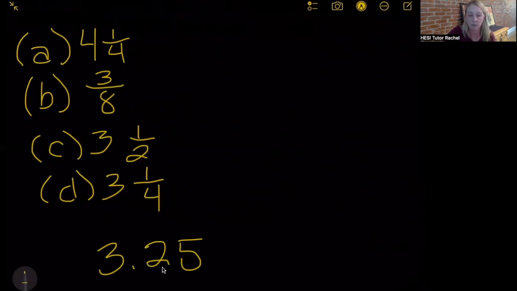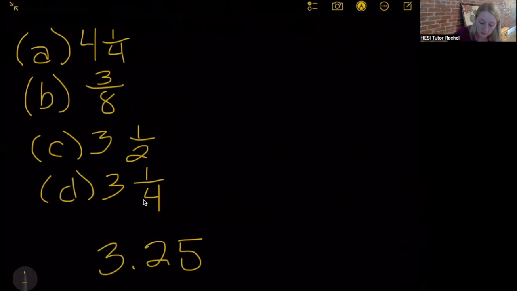We have the decimal. We could convert the decimal into a fraction, but I find it much easier to convert fractions into decimals. Even though you'd have to convert all 4 of these into decimals, you're going to be able to do that a lot more quickly.